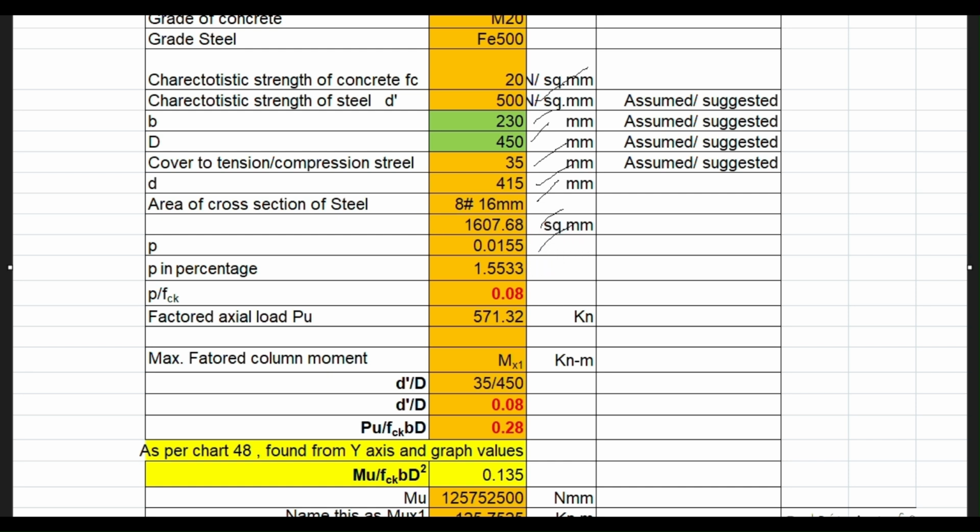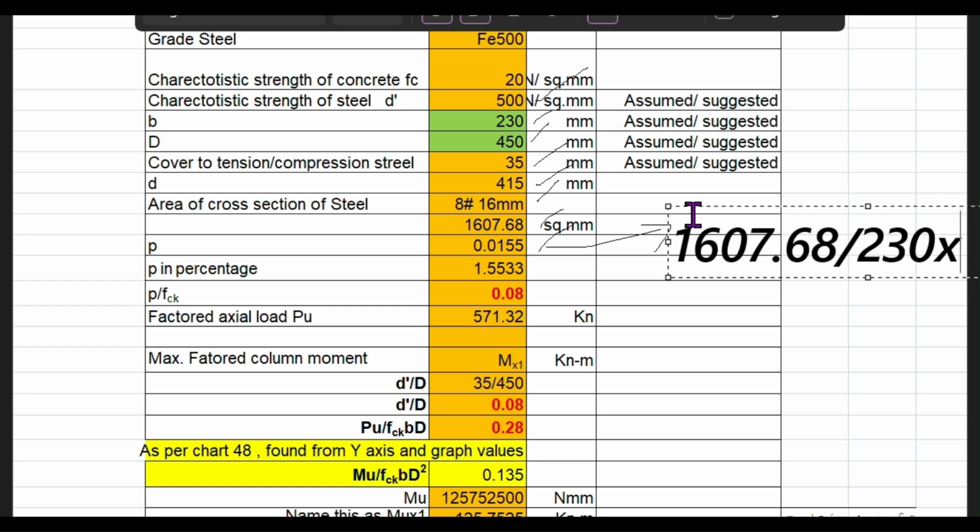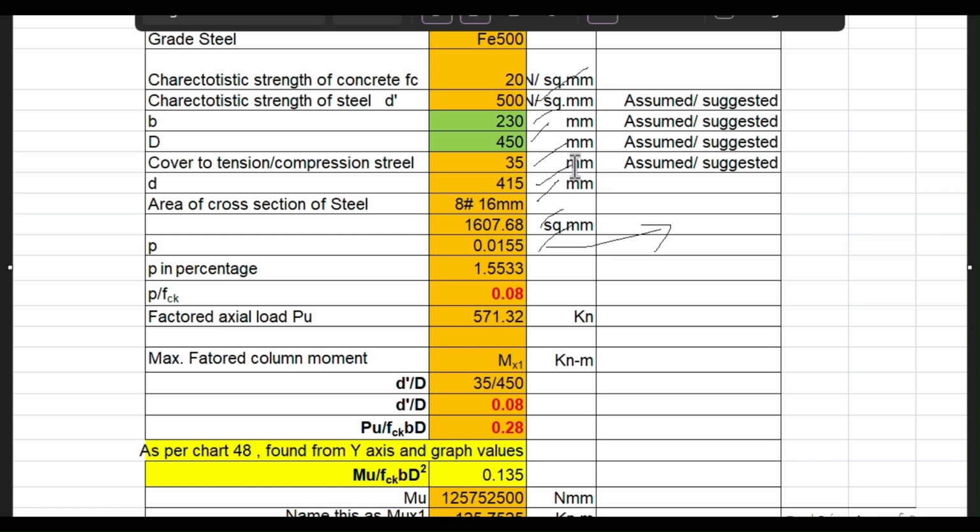Now what does the percentage mean? 1607.68 divided by 230 into 450 is this ratio. That is the percentage ratio.